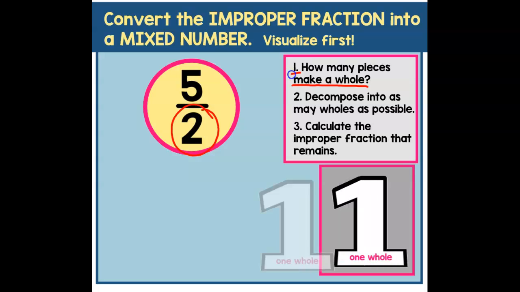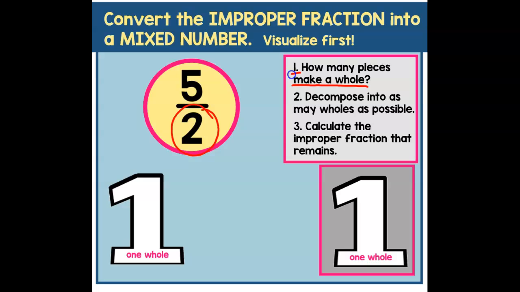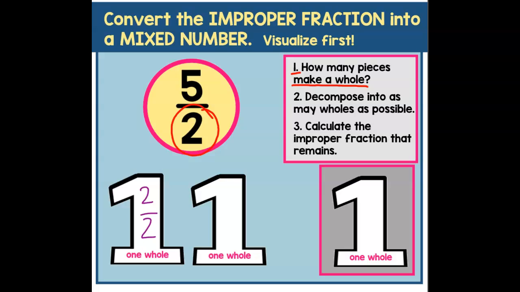So I'm going to decompose into as many wholes as I can. So right now, if I take 2 away, I'd have 2 halves. That would be a whole. So now I'm going to have 3 halves left. That's still enough to make another whole. So I'm going to take another 1 whole and take out another 2 halves.